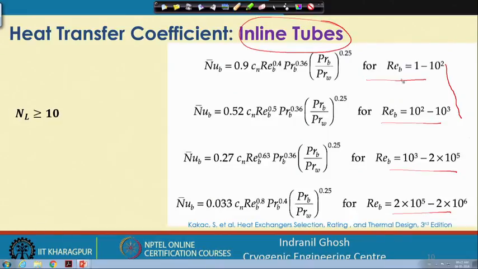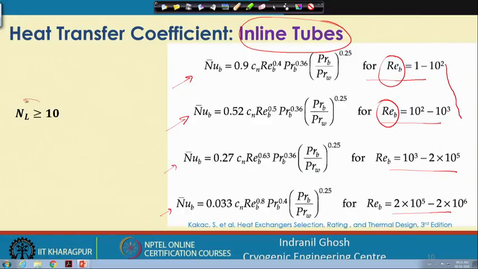Depending on the Reynolds number or Re max, we will be able to find the appropriate Nusselt number. This correlation is given in terms of the Nusselt number; the earlier correlation was in terms of the Coleman J factor.